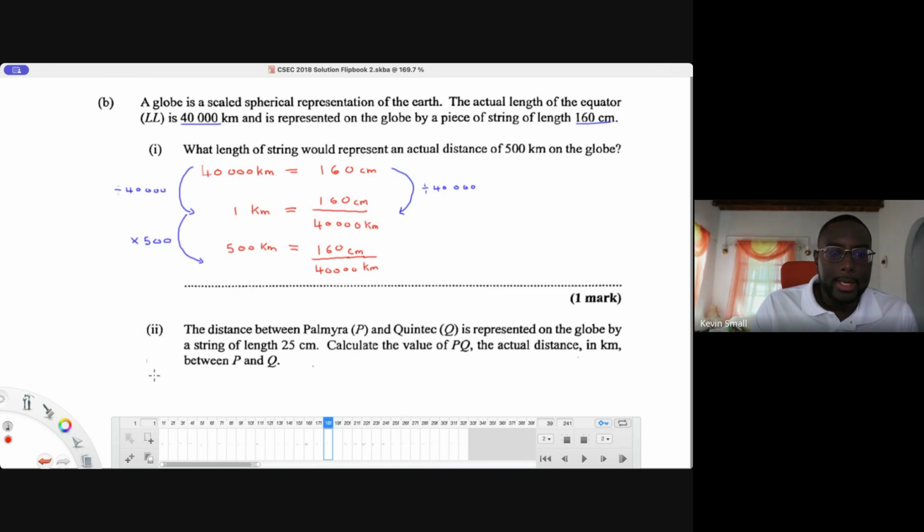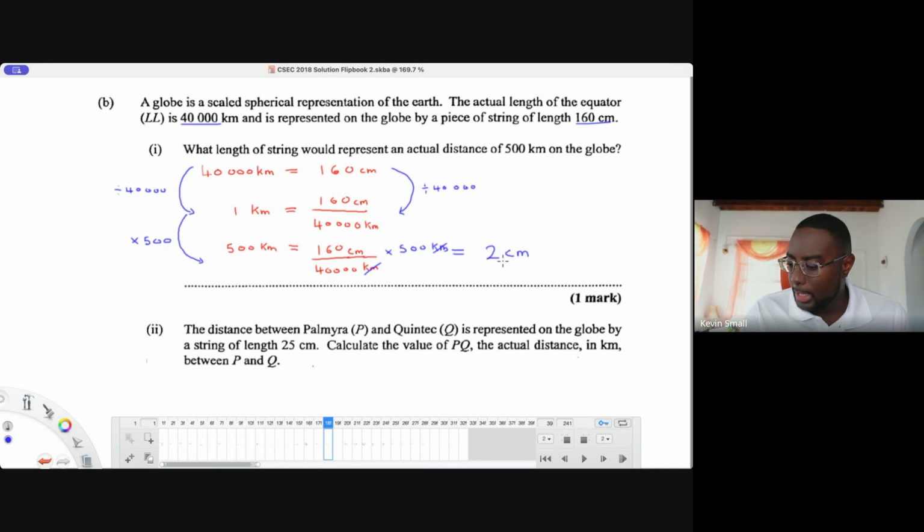And if I multiply this now by the 500, that will give me my answer. If you do this correctly, you should get the answer of 2 centimeters. 2 centimeters worth of string. So that is the answer for that.